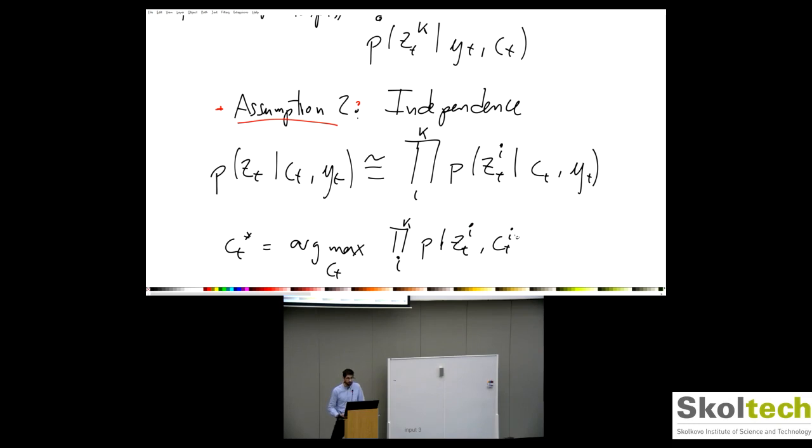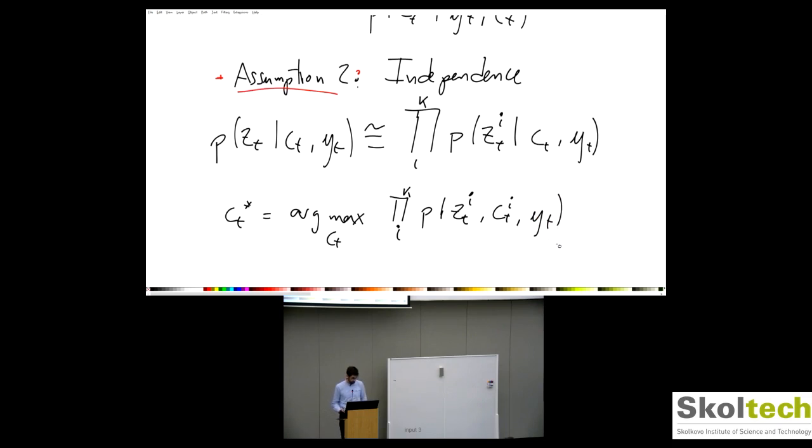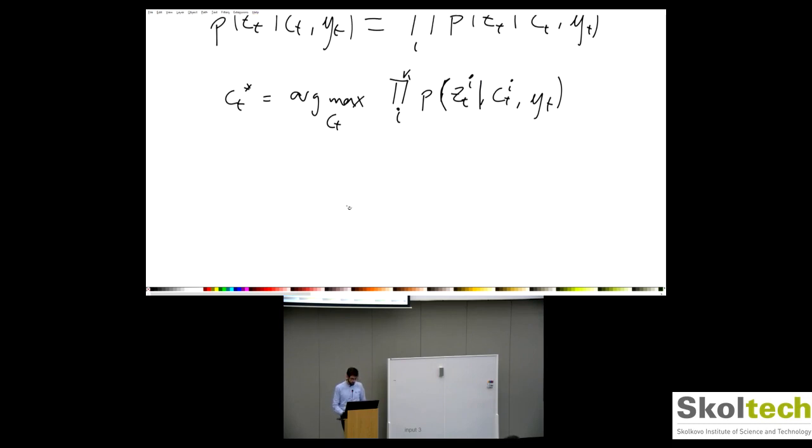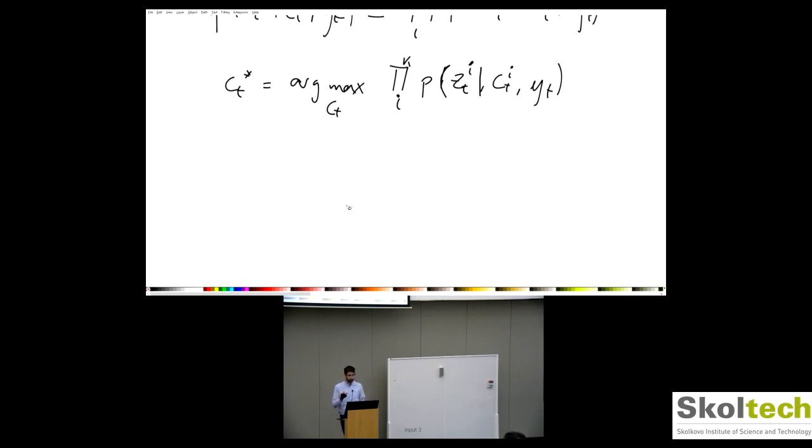Here I'm writing this because the only correspondence that we care about is the one associated with this observation, and then we have the state variables. Okay, now we are going to do some tricks, and this is where these assumptions will pay off and we will see that they are useful. So I'm just going to write this productory again.